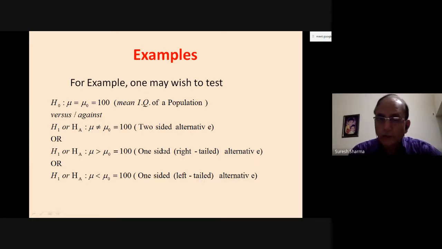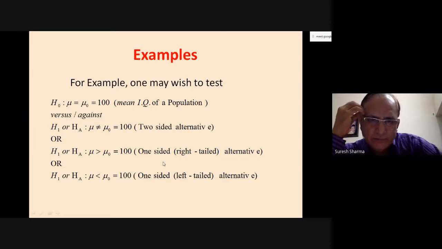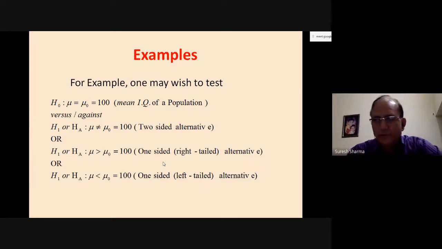Okay. Now, where to use one-sided, where to use two-sided? People get confused here also. Let me explain clearly. In 70 to 80% of the cases, we use two-sided alternative. Why? Because we don't know what will happen in the population. We don't have any idea.